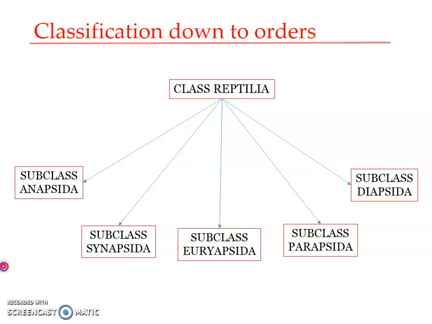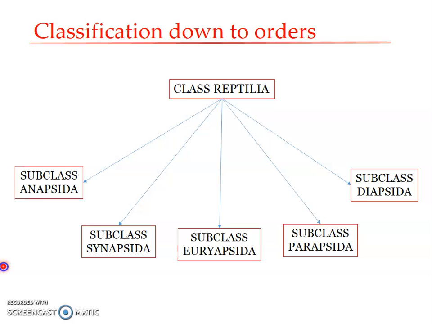And the classification, according to Bogart, divides class Reptilia into five major subclasses: subclass Anapsida, subclass Synapsida, subclass Euryapsida, subclass Parapsida, and subclass Diopsida.